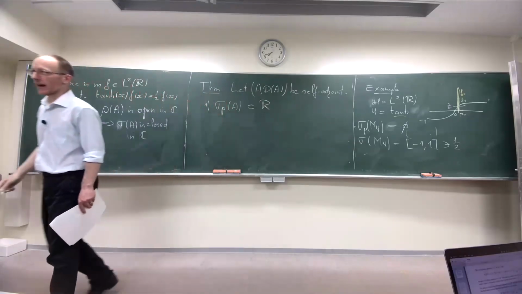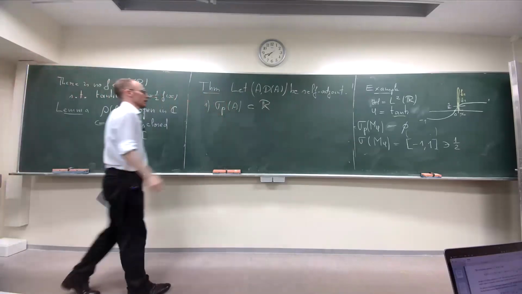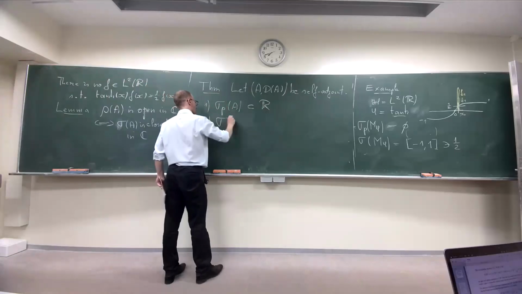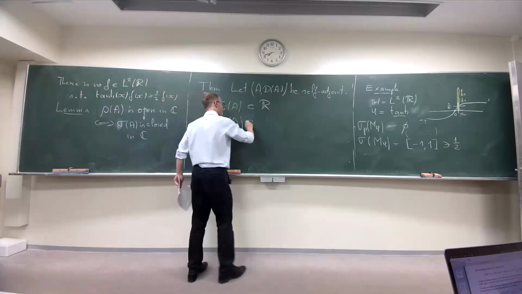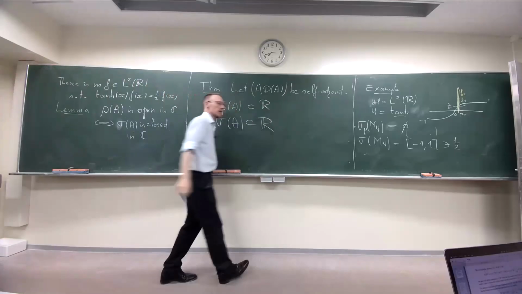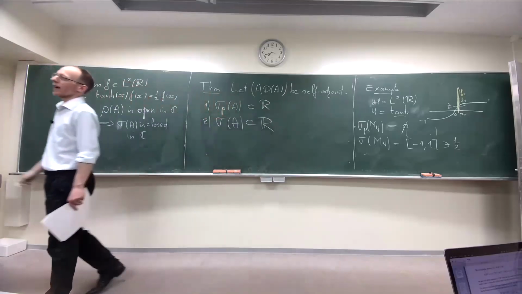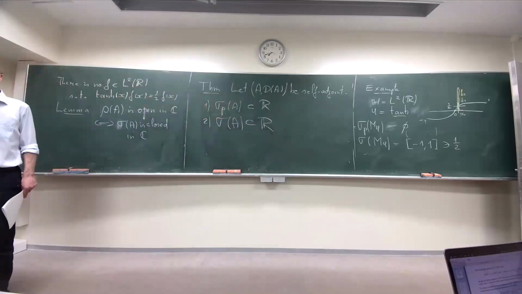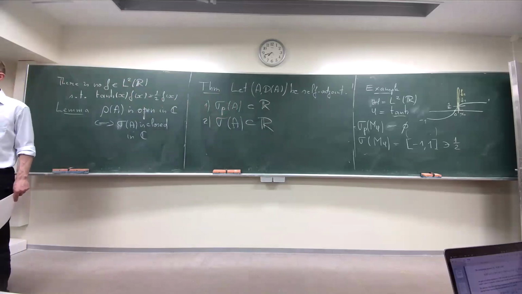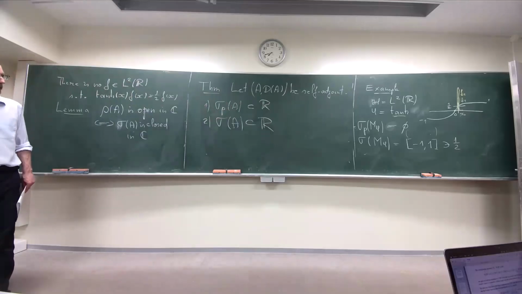So the set of eigenvalues is real. The full spectrum of A is also real. And this is why self-adjoint operators are so important in quantum mechanics. You can only measure something which is real. And you can only measure things which are in the spectrum of a self-adjoint operator.